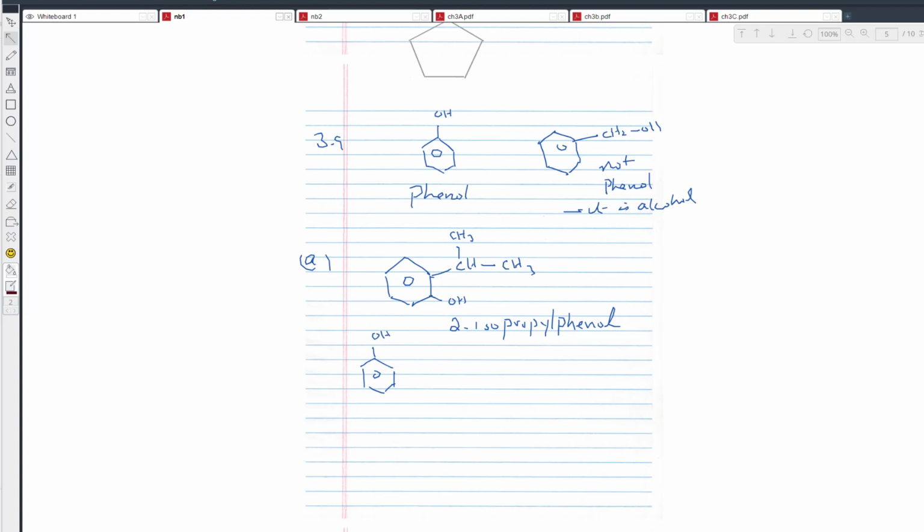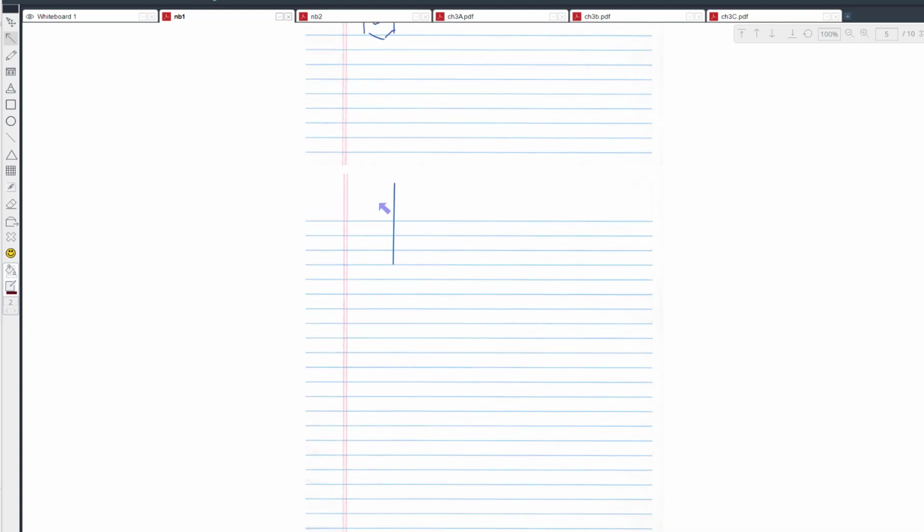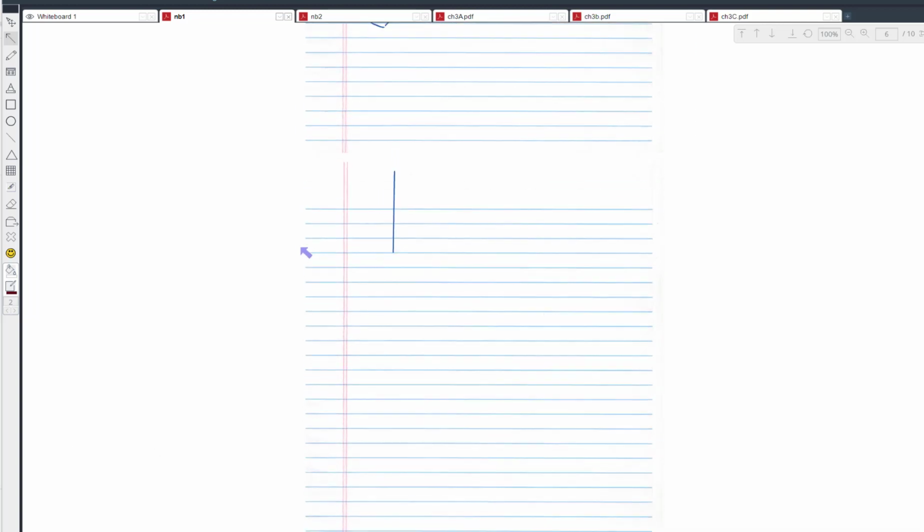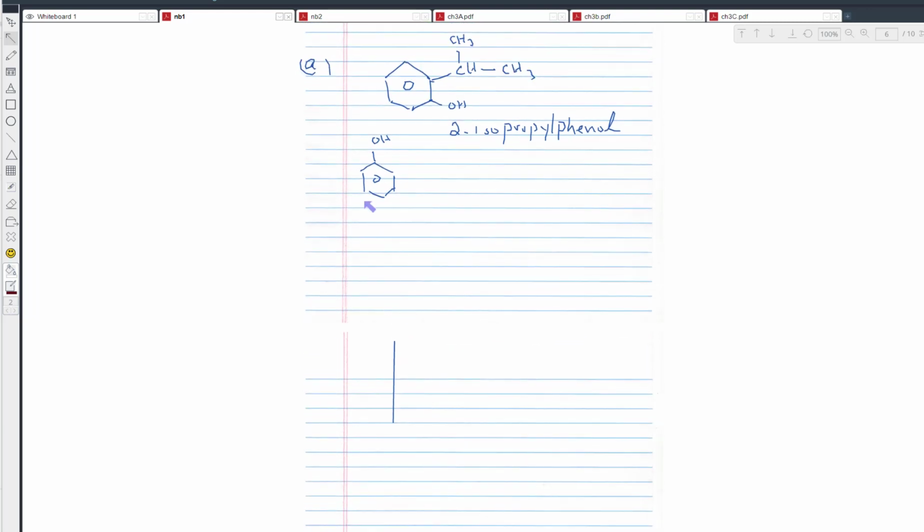Meta means just the next position, adjacent, like second position. So it means the methyl group is there at 2 position here. And if say meta means 2 position. No, sorry, I am wrong. Ortho means 2 position.